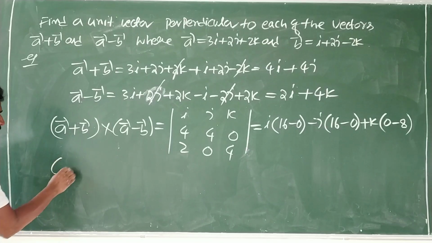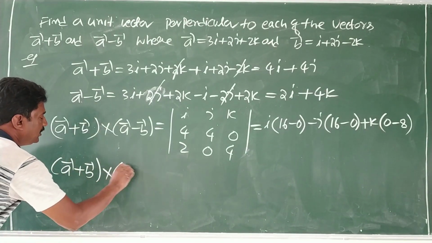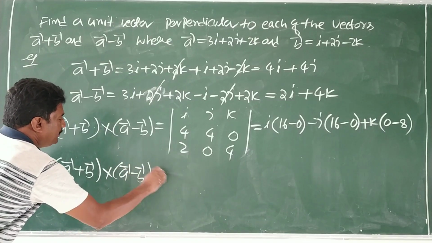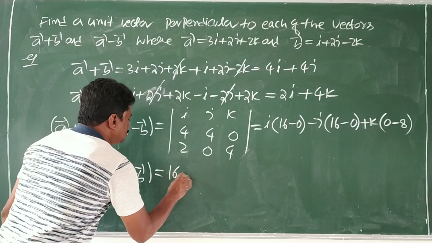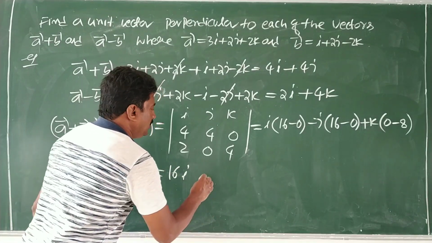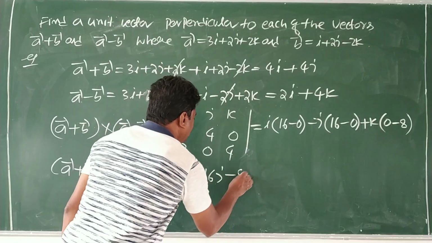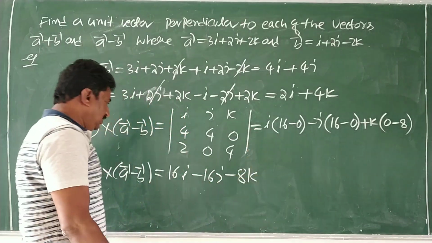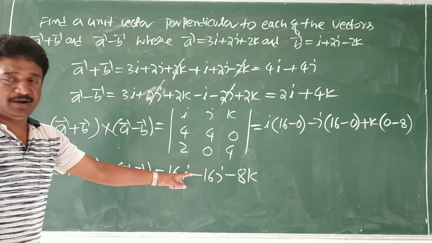So a plus b cross a minus b is 16i minus 16j minus 8k.